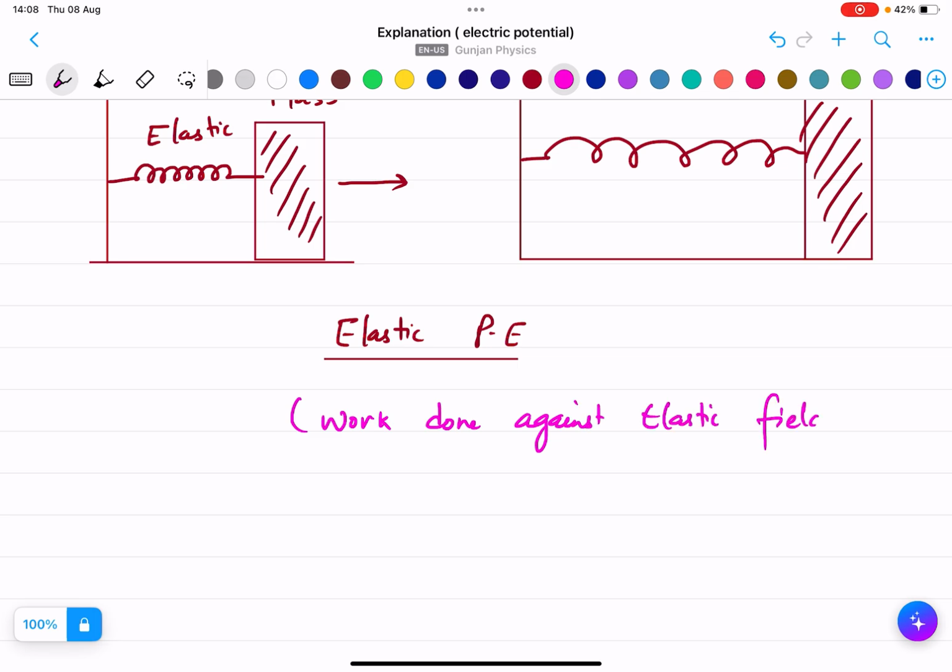Anything which is the work done against that field is basically the potential.